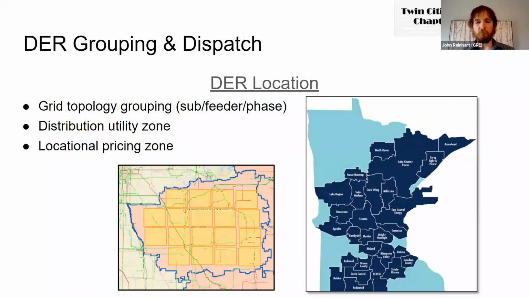Maybe the most intuitive way you would group resources is by geography or topology. So I say grid topology, meaning I want to isolate and know what are the kinds of resources for demand response or PV that are at a certain substation or feeder, for responding to an outage or for doing some distribution management.